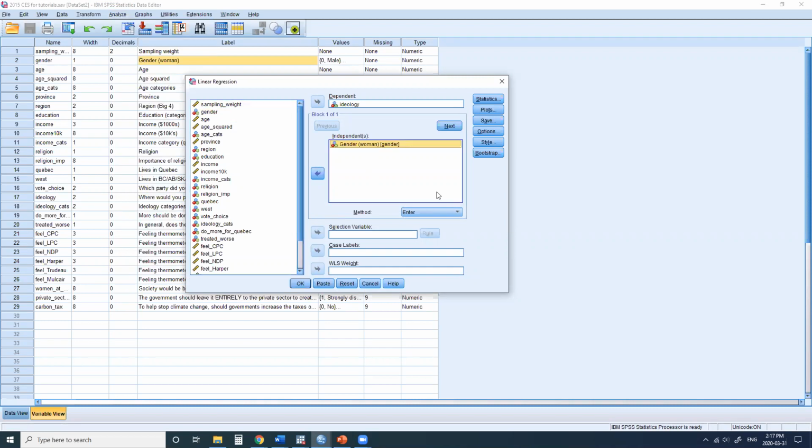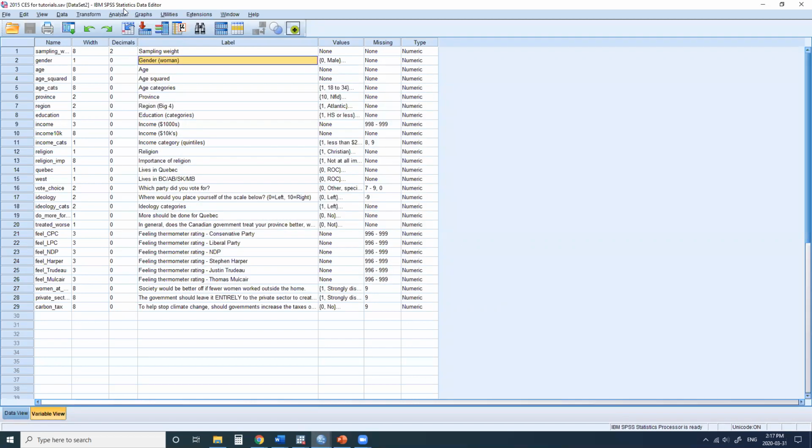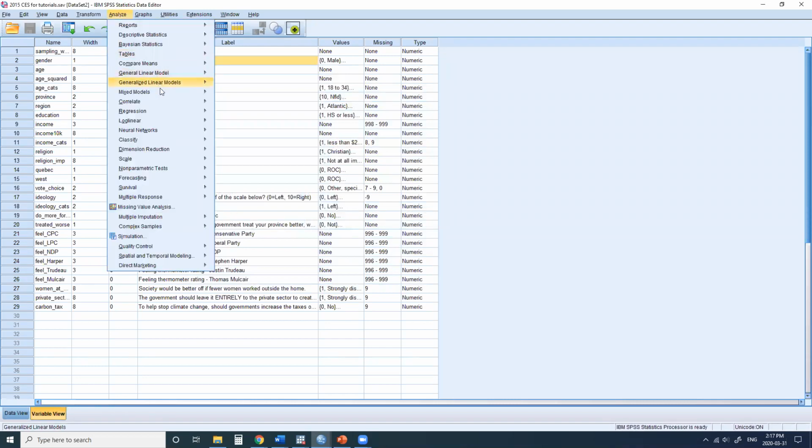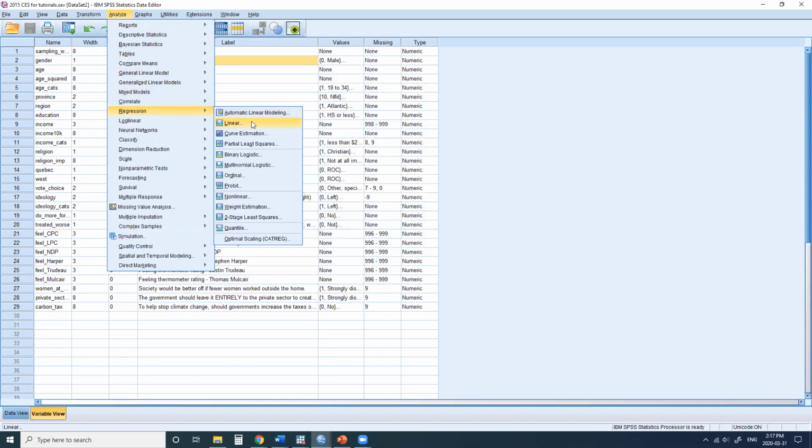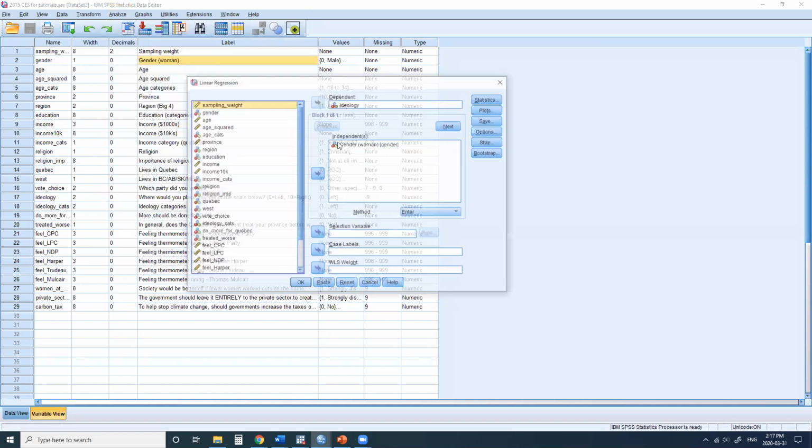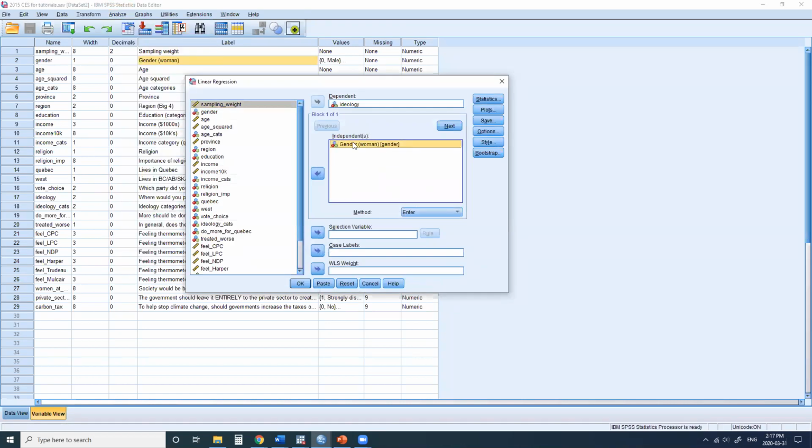So when you go to your linear regression dialog box, again, that's analyze, regression, linear, and you'll see gender is in the independent box still. It preserves whatever you did last. So we'll click on gender and we'll use the left arrow to move it back, and we will find age. And let's do age as a continuous variable measured in units of age.